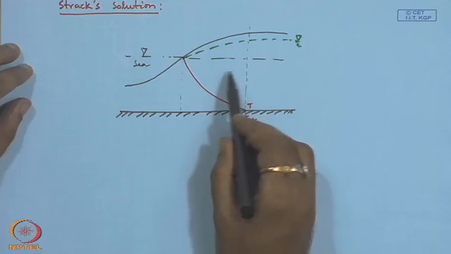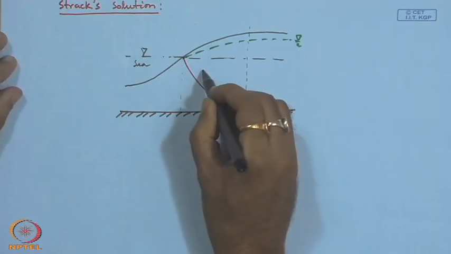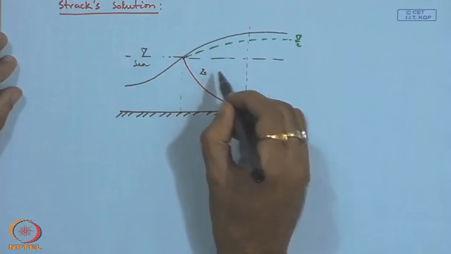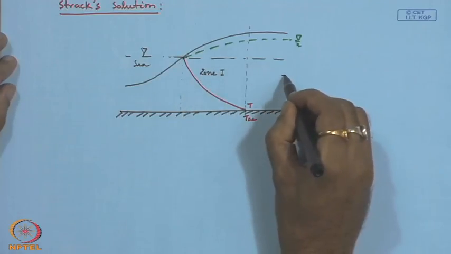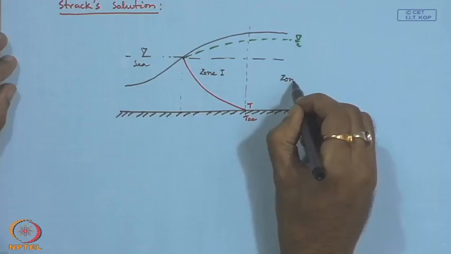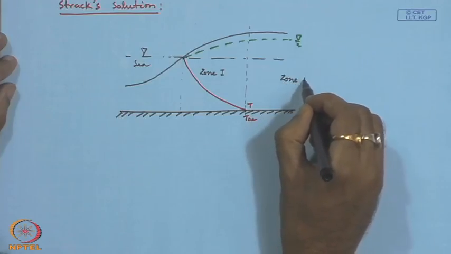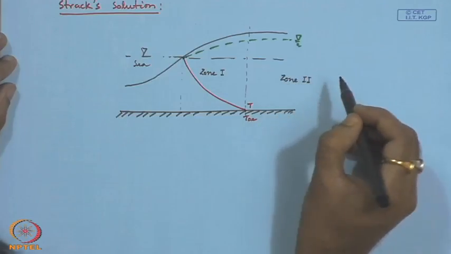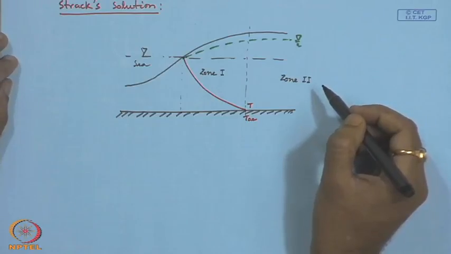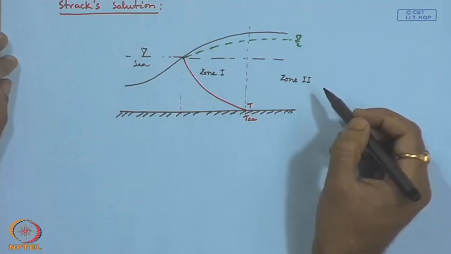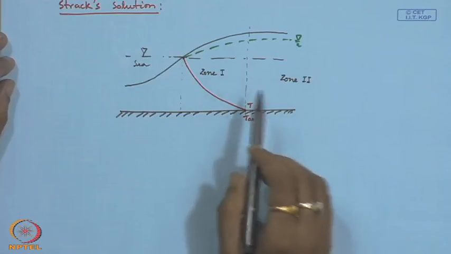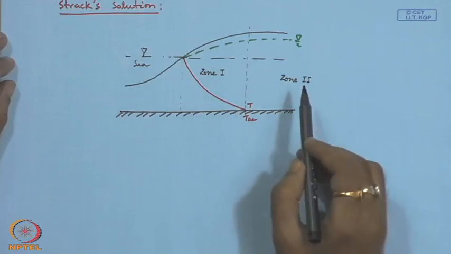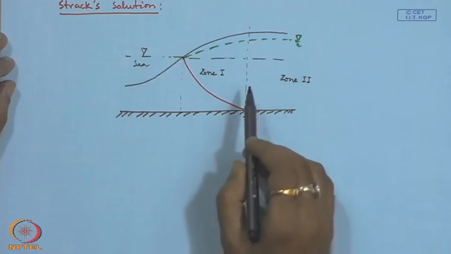From the left hand side we denote this zone as zone 1, and right hand side we denote it as zone 2. In these zones we have two different situations.